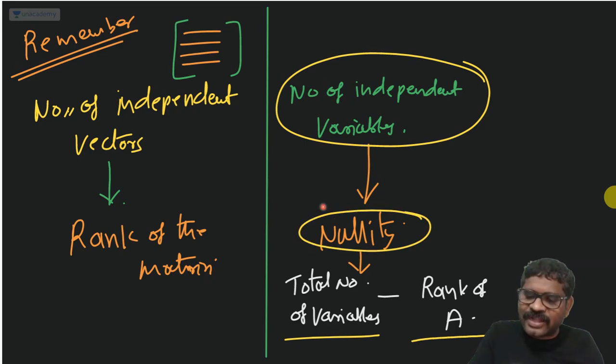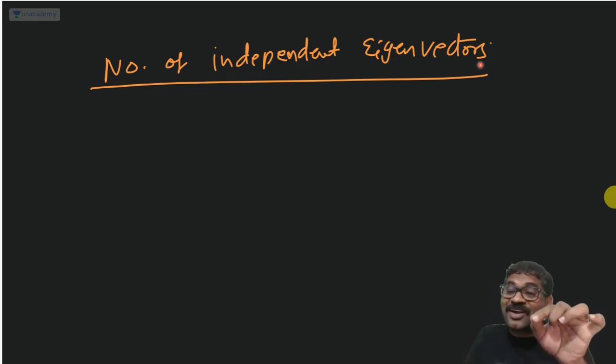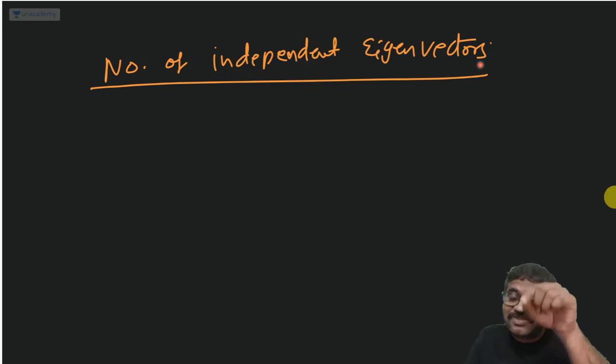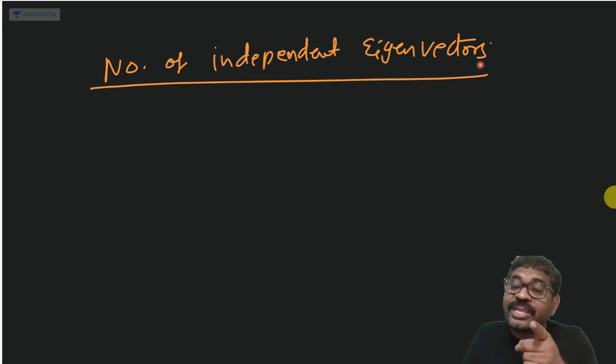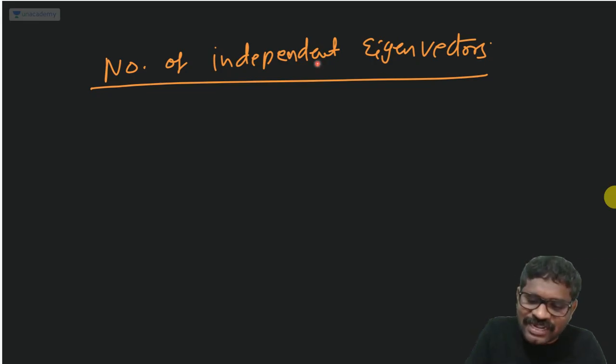In the number of independent eigenvector concept, the free variables are total number of variables minus rank of A minus lambda I. Don't get confused between this concept and that concept.